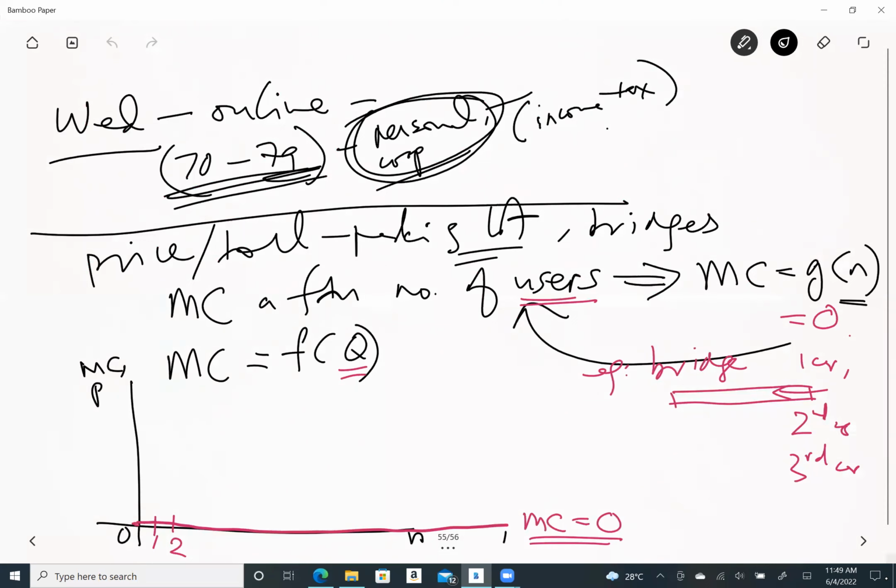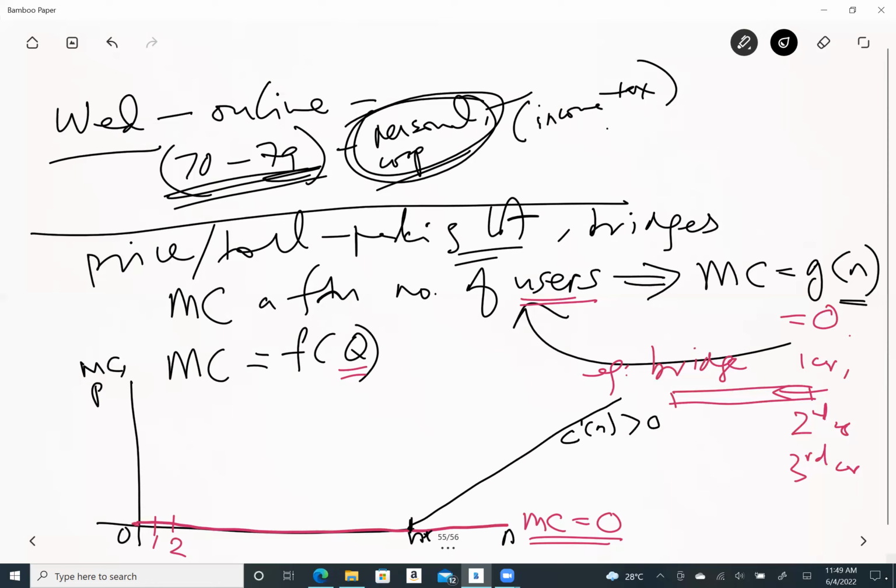Suppose n here is n star. Okay, that's n star. So the MC is equal to 0 up to n star. Say n star is here. And after that, we incur congestion cost. So the marginal congestion cost is positive. So we can draw it. C prime n is positive.